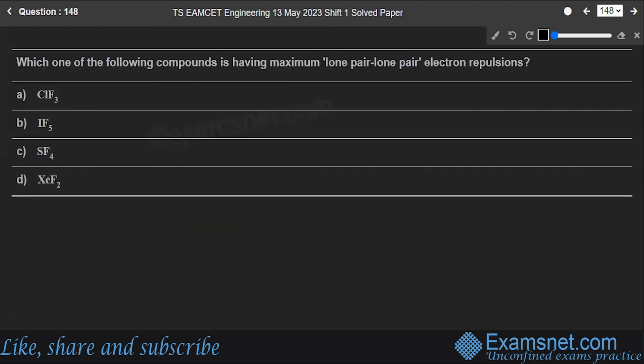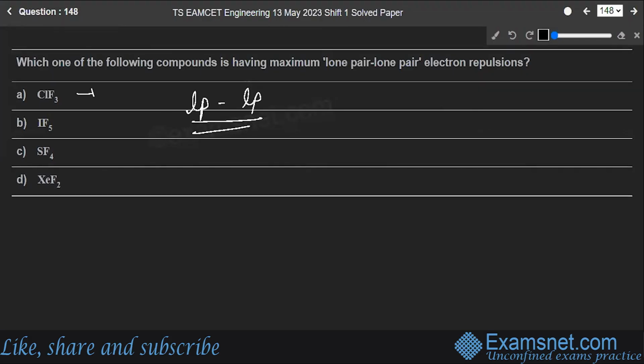Which of the following compounds is having the maximum lone pair electron repulsions? Lone pair repulsion, that is LP-LP repulsion, is the repulsion between the various lone pairs present in the molecule. The more lone pairs of electrons in the molecule, the greater the lone pair repulsion.